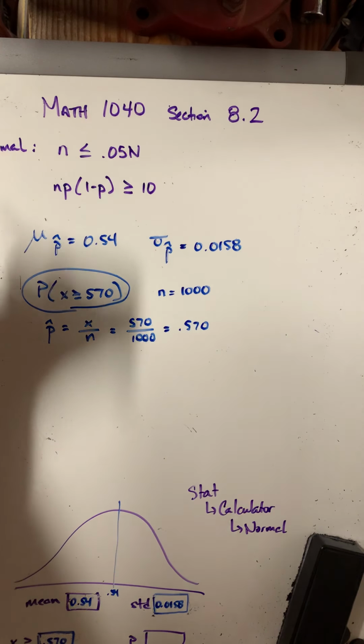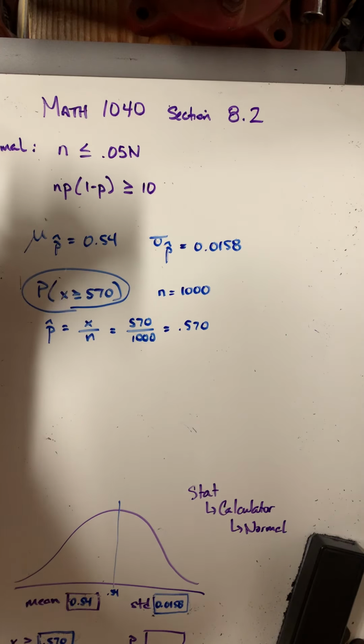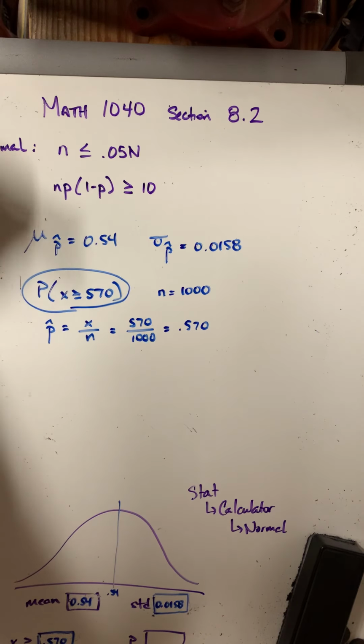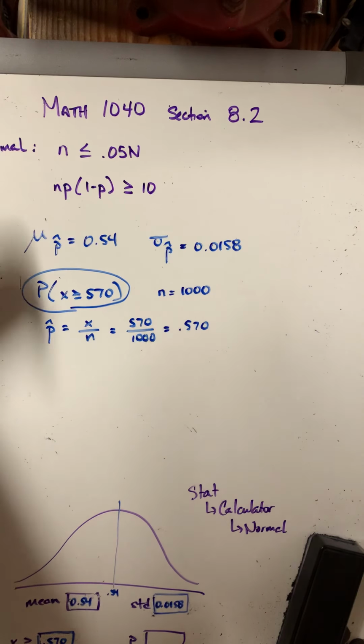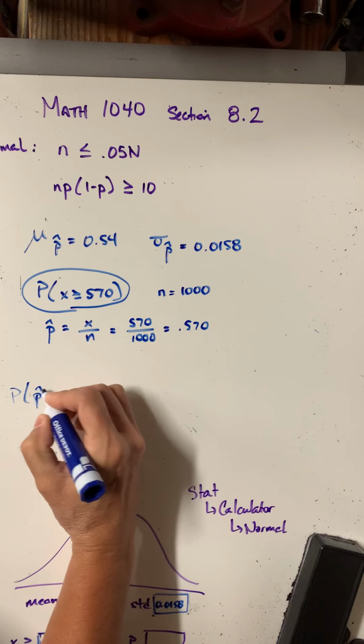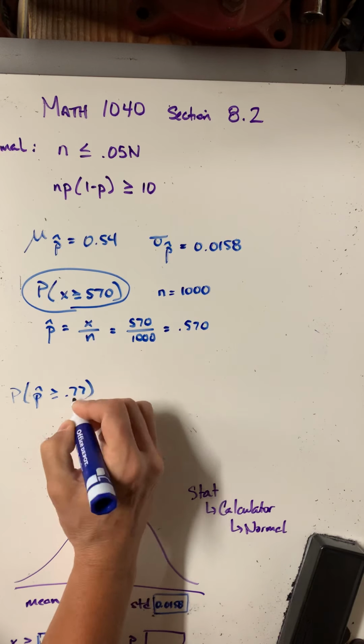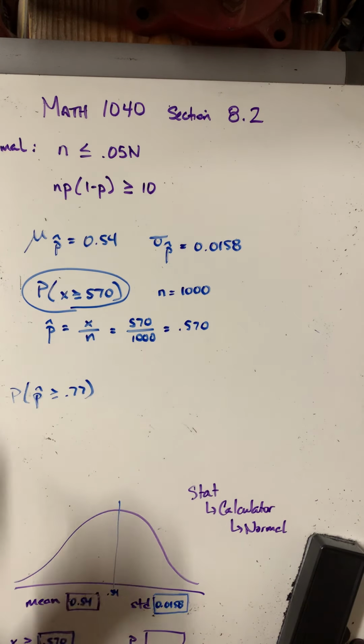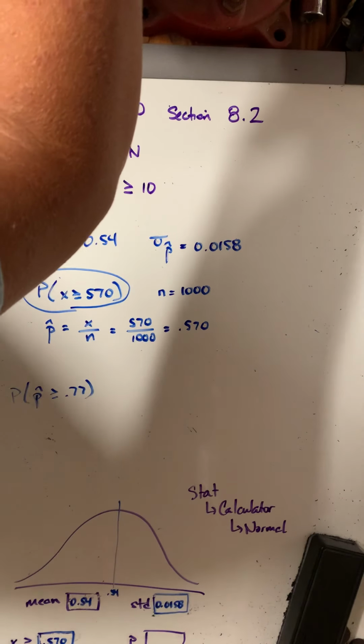And then they get down to D, where they say, in the sample obtained in part A, what is the probability that the proportion who are satisfied with the way things are going in their life exceeds 0.77? So that's not a big deal, right? So that's the probability that the proportion exceeds 0.77. They've already given it to you as a decimal, so you would just stick that in there.